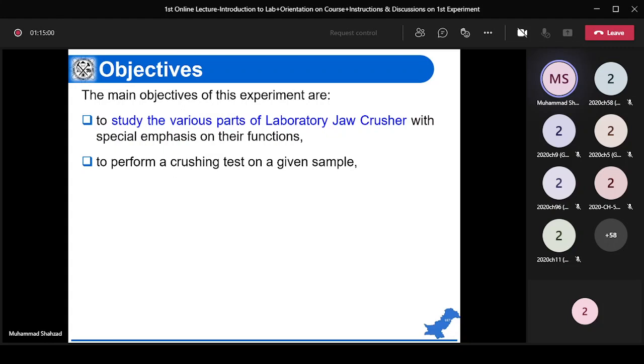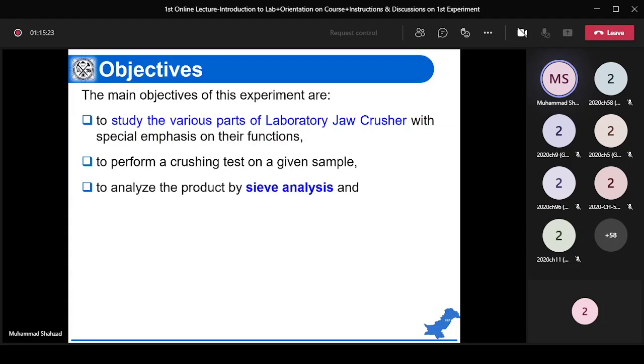We will collect the product, and we will measure the size of the product through sieve analysis. Obviously, there will be variations in size of the product, and we will measure those variations and find out the average size, right?